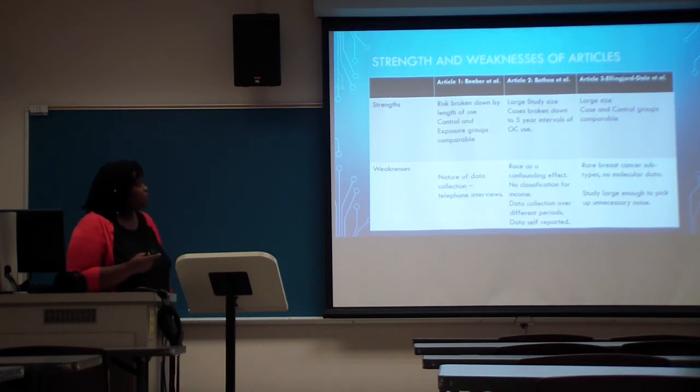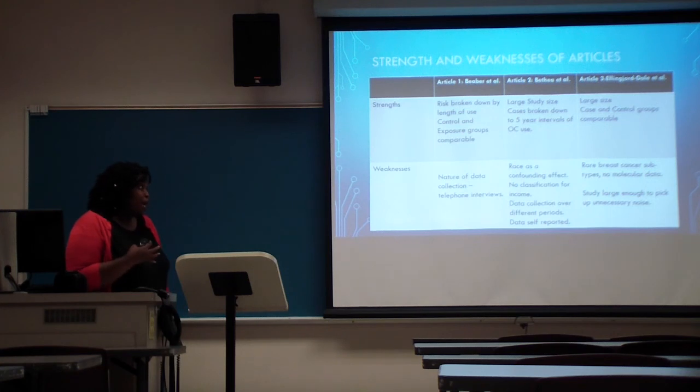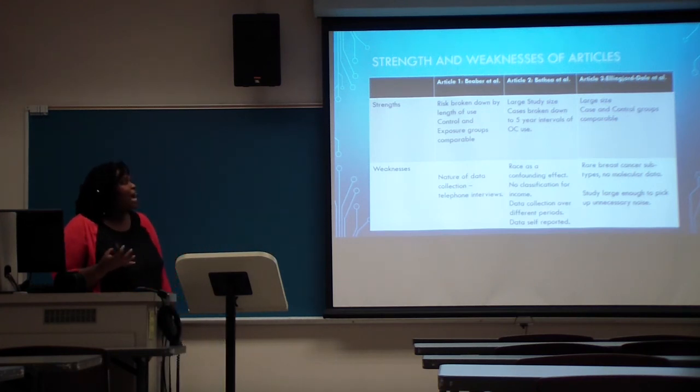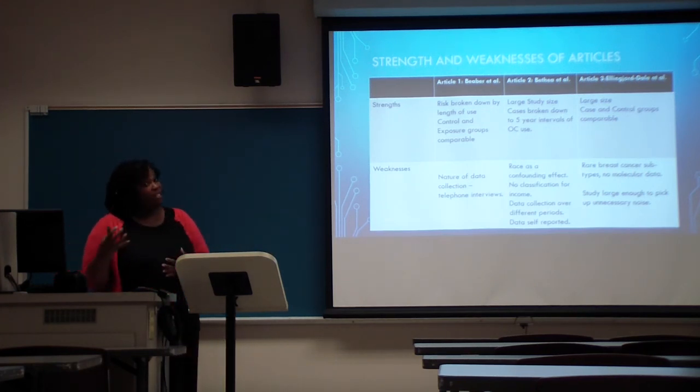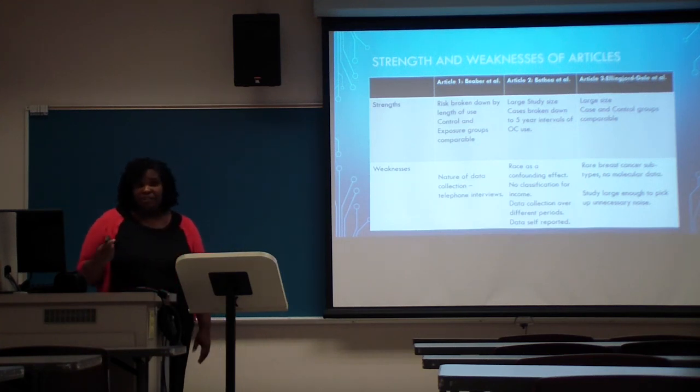In terms of Article 3, some of the breast subtypes that were used are very rare, and the study was very large, which was a good thing, but also a bad thing in that it could pick up unnecessary noise.